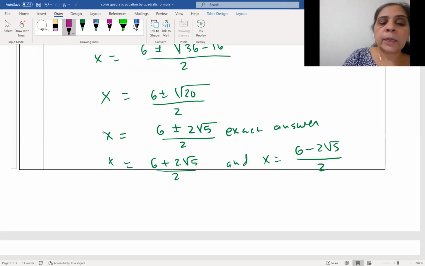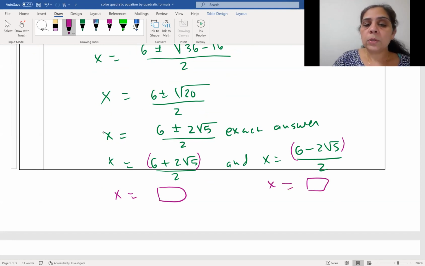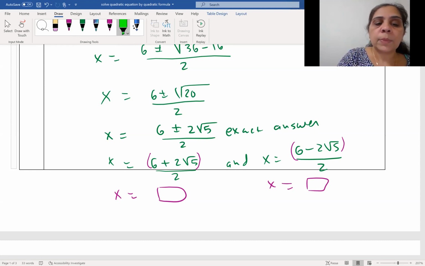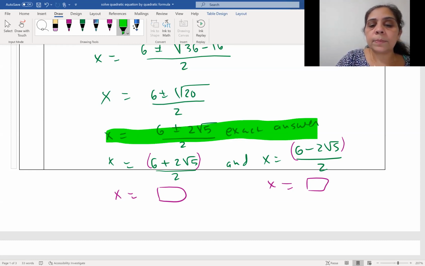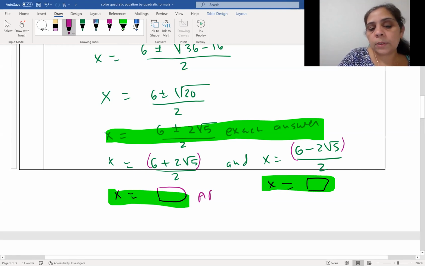Now, when you enter this in the calculator, be careful because we have a fraction with two terms in the numerator. So remember, you need to enter it in parentheses. Whatever comes out, that is your answer. This is the exact answer, and here you will get the approximate answer.